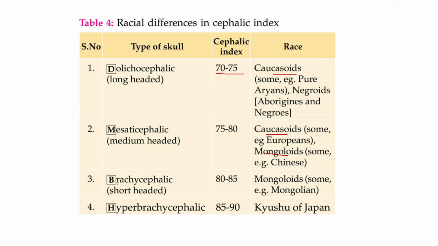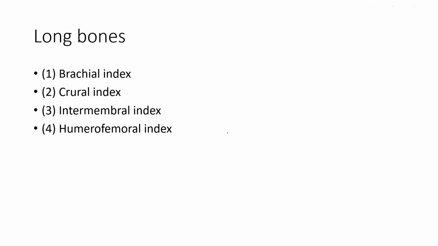Brachycephalics are the Mongoloids and the Africans, and their cephalic index is between 80 to 85. Other than this, there is hyperbrachycephalic, like in the Japanese, where the cephalic index is 85 to 90. So 1, 2, and 3 are topmost important. Do remember their cephalic index numbers as well.